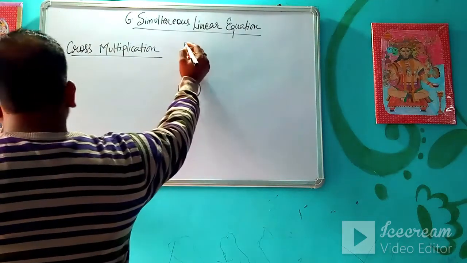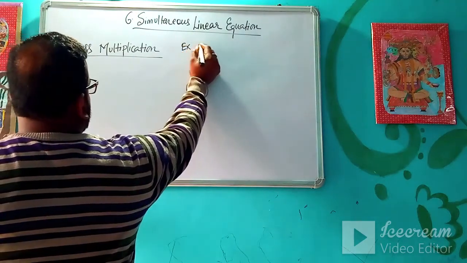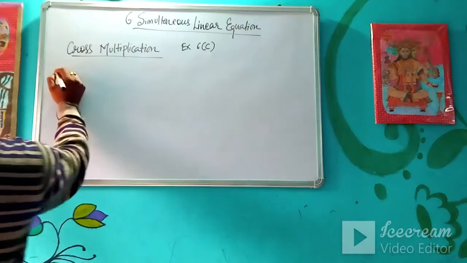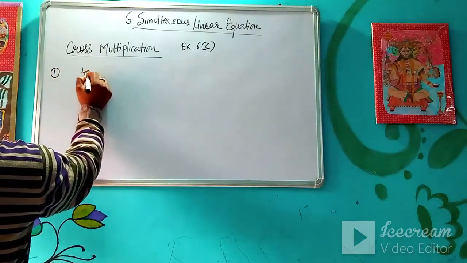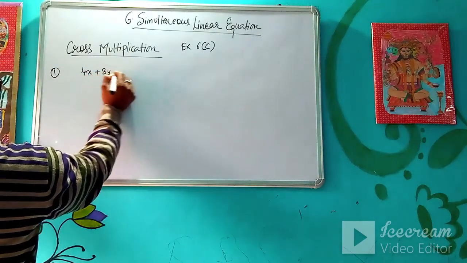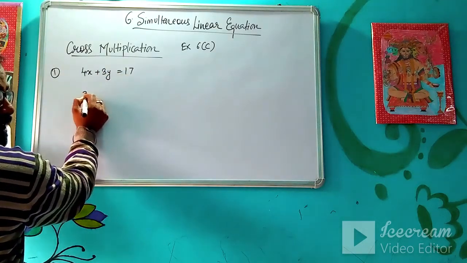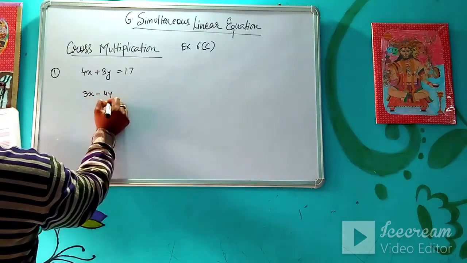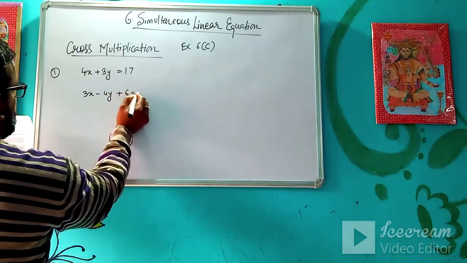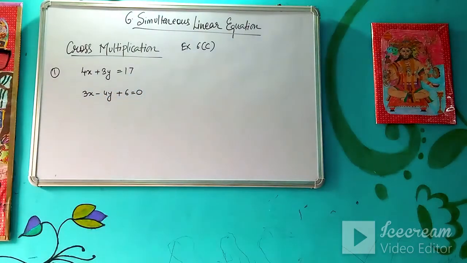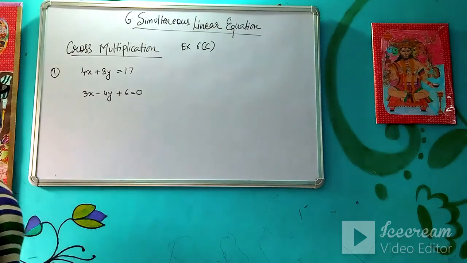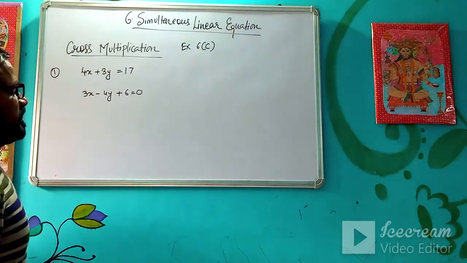Okay, so next exercise, that is 6C, and the very first question is 4x plus 3y equals to 17 and 3x minus 4y plus 6 equals to 0. So we have to solve this using the cross multiplication method.